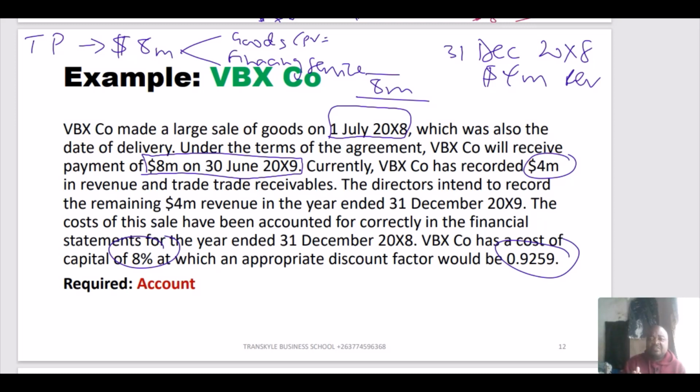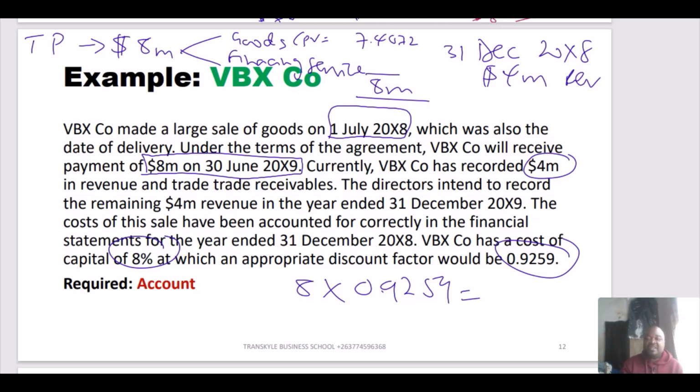Now, the PV of 8 million at 8% is how much? Okay, we get the PV as 8 million multiplied by the discount factor of 0.9259. And what do we get? Let us use our calculators. That's 7.4072.